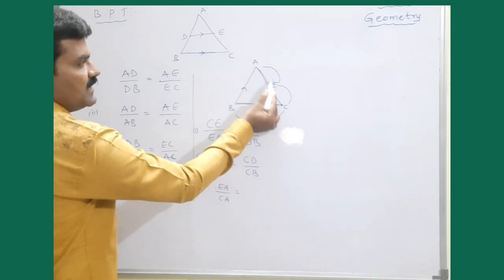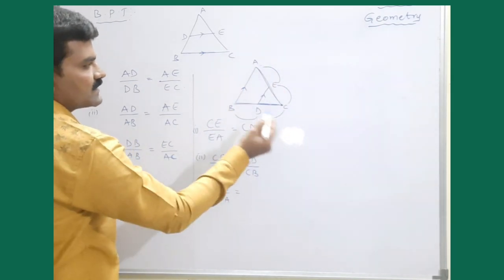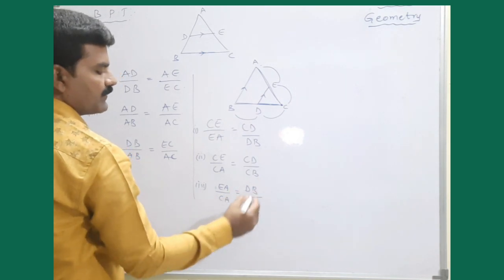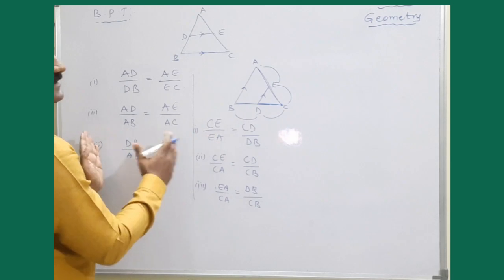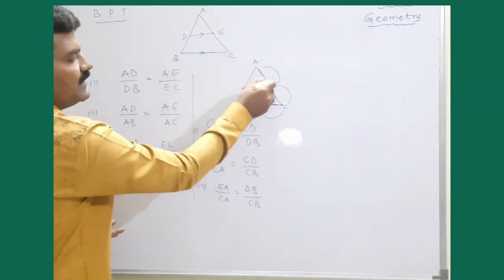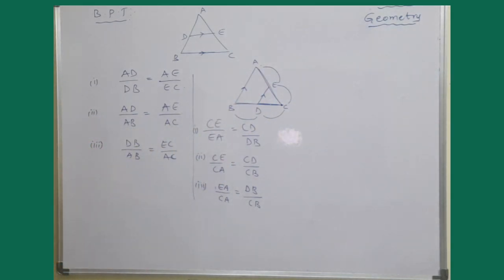So EA, second part, by whole part AC, then the corresponding parts will be here DB by CB. Same applications, just small change. Instead of parallel to BC, here it is parallel to AB. But all other rules are same.